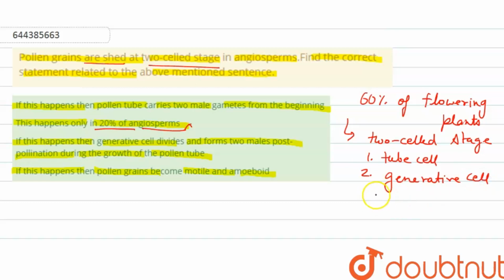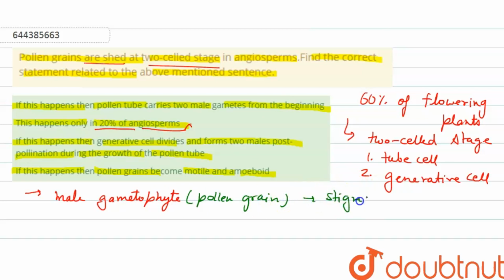Right? So further, what will happen? The development of the male gametophyte, that is pollen grain, occurs on the stigma, right?